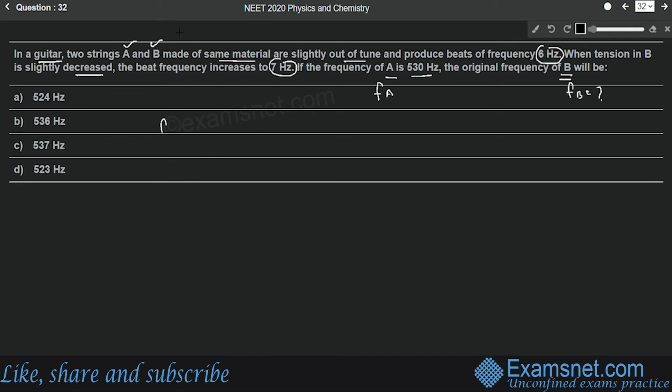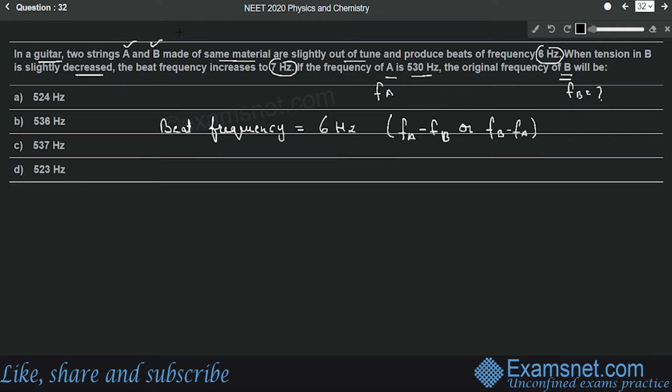Now we know that beat frequency is the difference in two frequencies. So here it will be the difference of frequencies of A and B. Okay, it is given as 6 Hertz. So this is FA minus FB or FB minus FA, because we don't know which one is greater, isn't it?